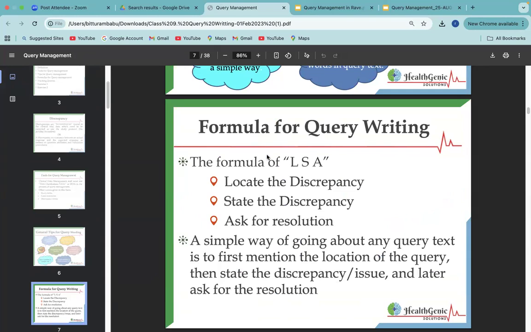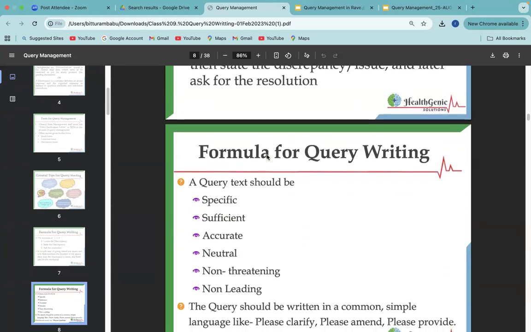I have a doubt on what the definition of discrepancy is. You asked me where exactly your doubt is and what exactly it is, and you're asking for the resolution, right? That's the simple way of going about the query text.